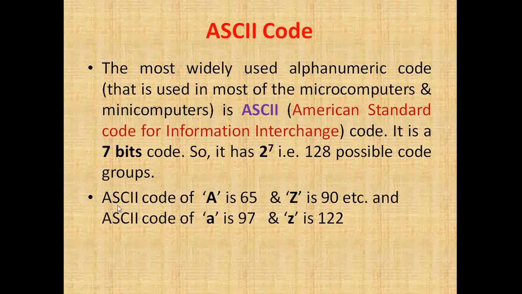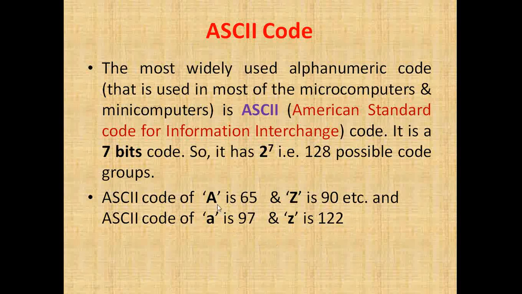Some examples of ASCII code are, the ASCII code for capital A is 65, the ASCII code for Z is 90, for small a it is 97, and for small z it is 122.